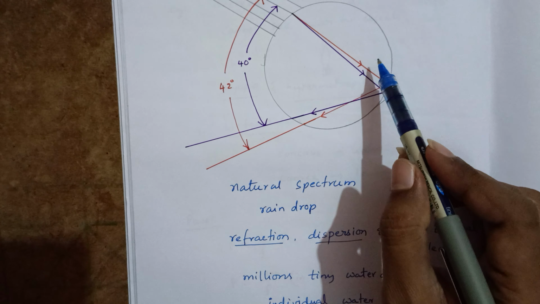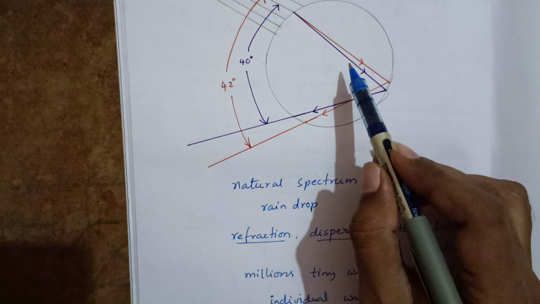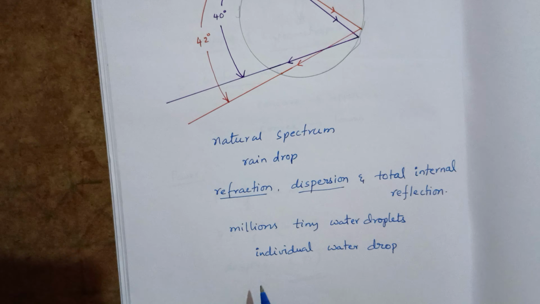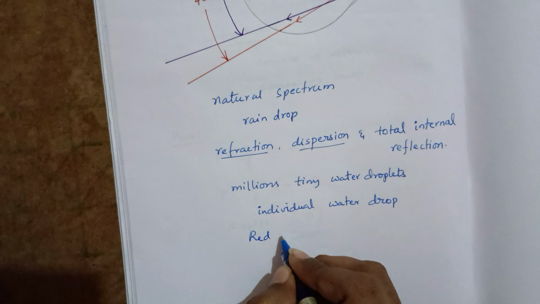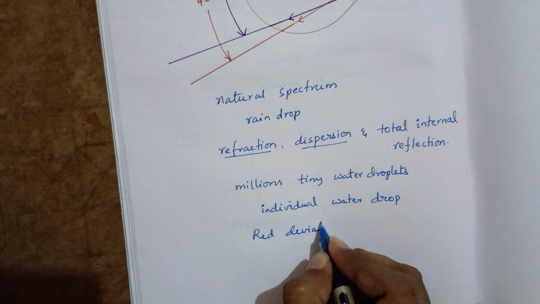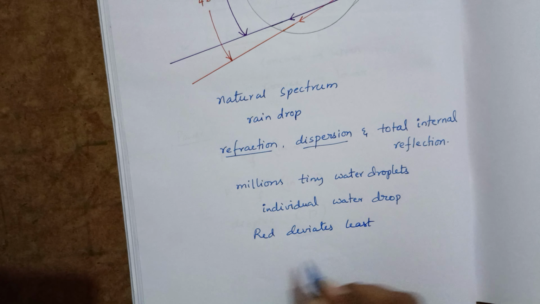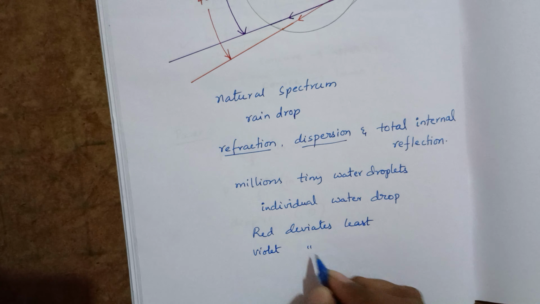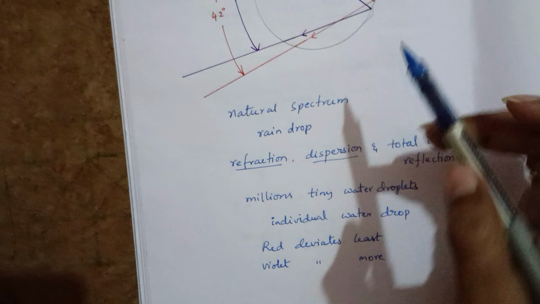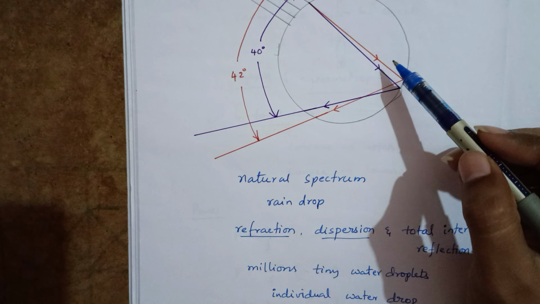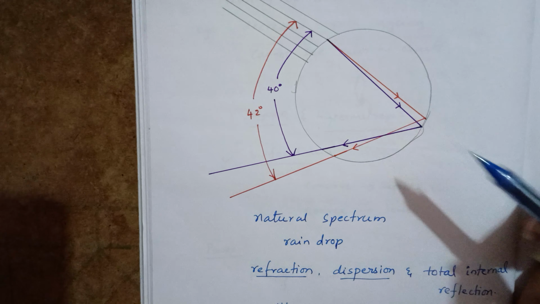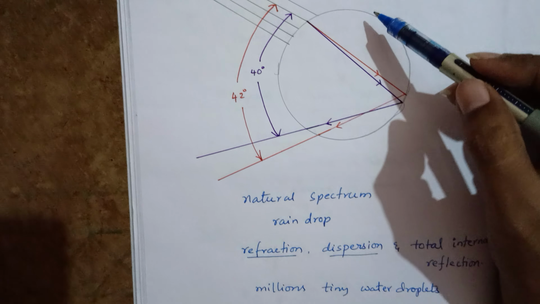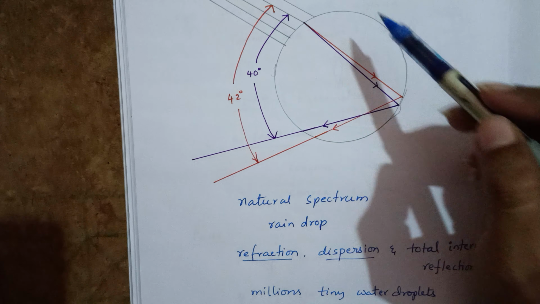Red deviates least, so it will be at the top, and violet is deviating more, so it is coming down.